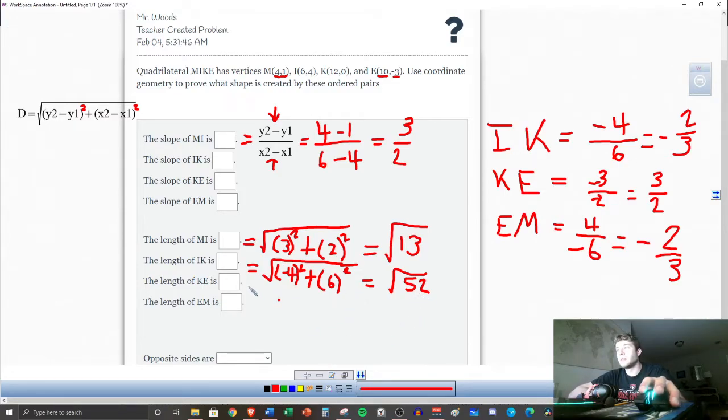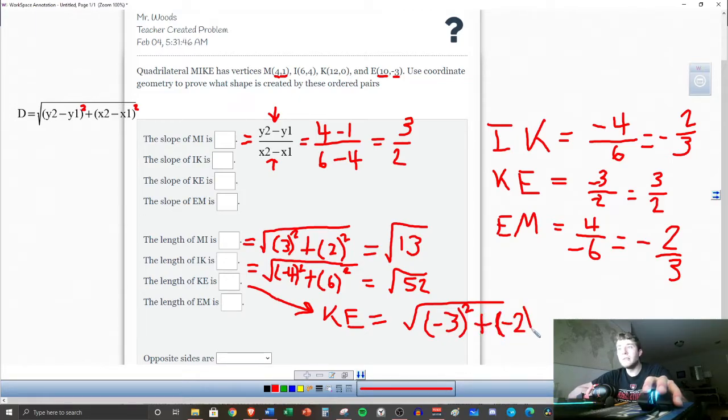Let's do the next one. I'm going to draw it down here. So this is KE, length. Let's go ahead and make our square root. For KE, we had negative 3 and negative 2. So negative 3 squared plus negative 2 squared. Now these negatives, you'll notice, when they get squared, are always going to become positive.